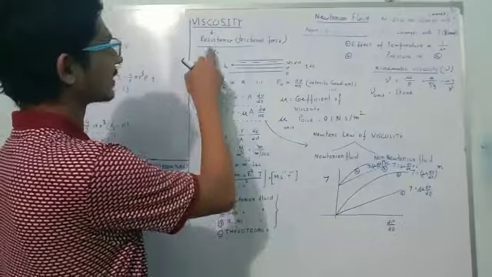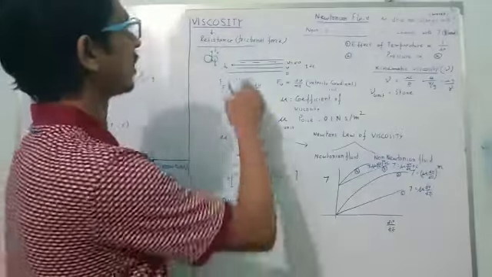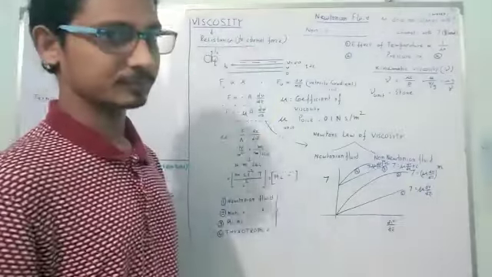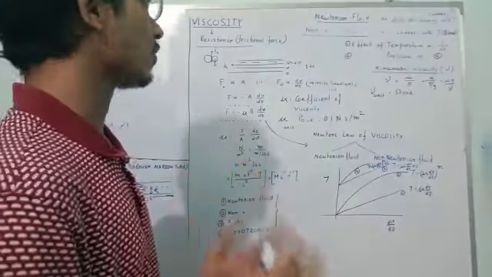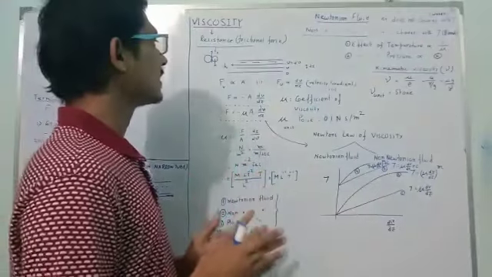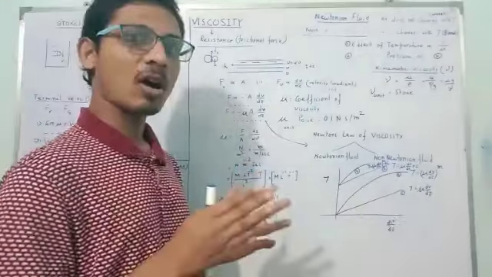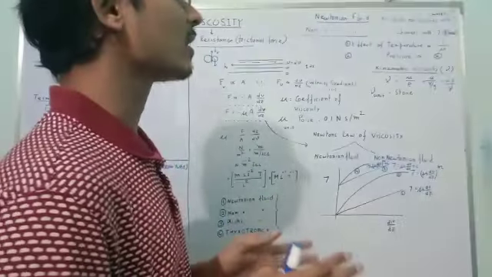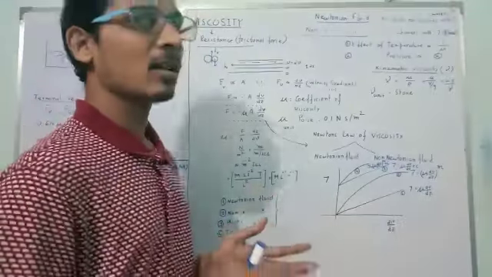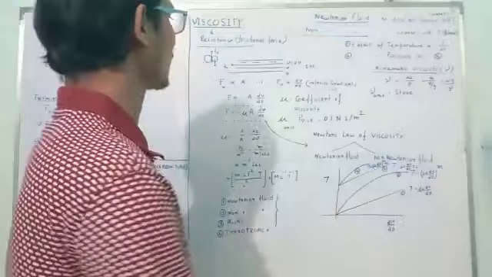That upward resistive force is called viscosity. The viscous force is the frictional or resistive force offered by a particle of a fluid.